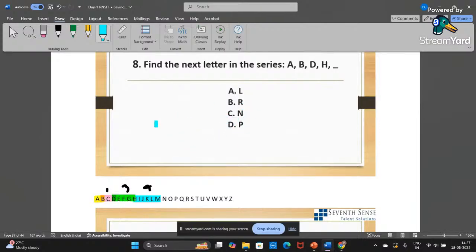So we're not having the M option. So M is not the right answer. So you have to try with any other method. You have to try in all possible ways. So let us take that.